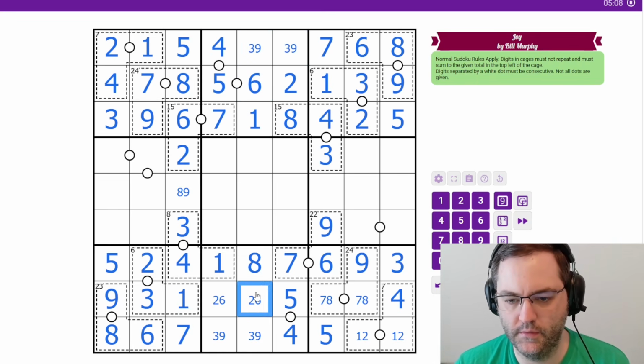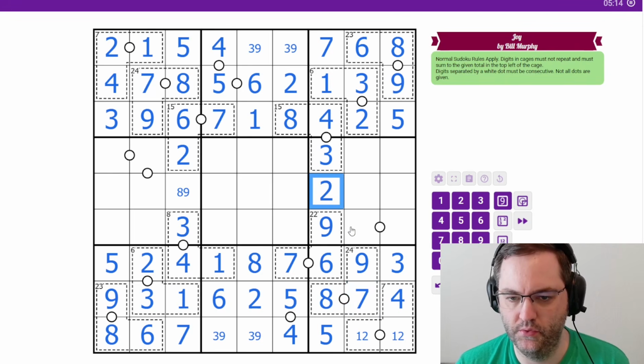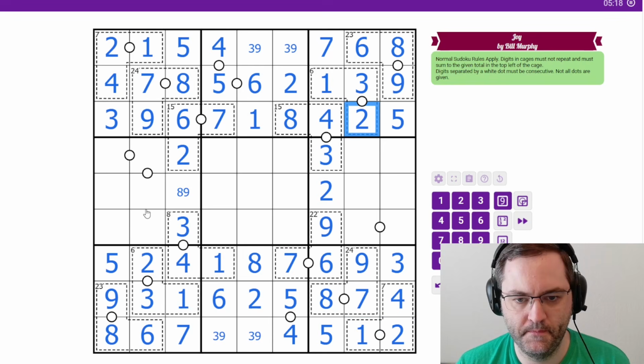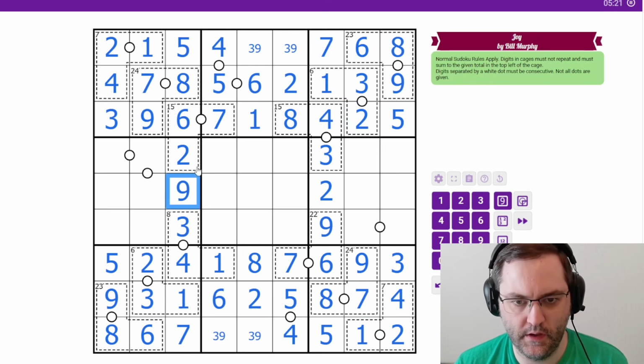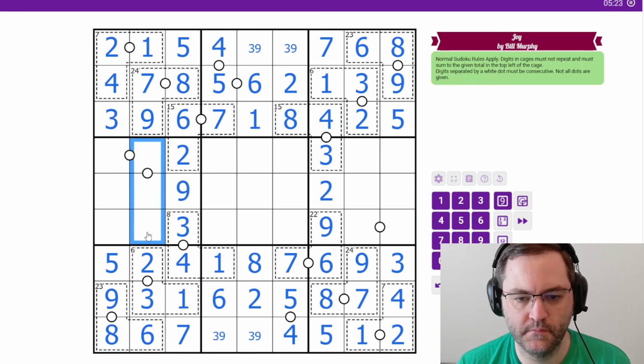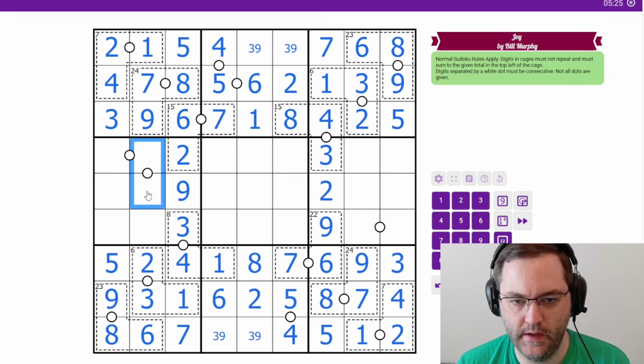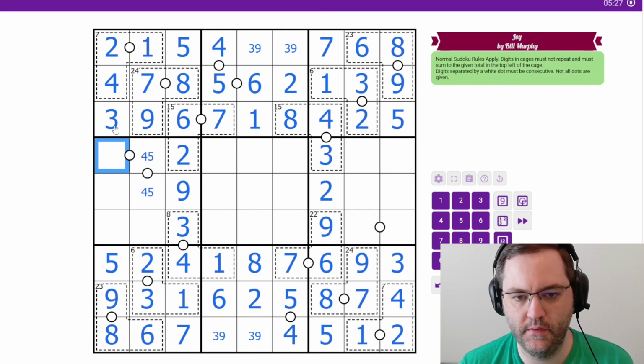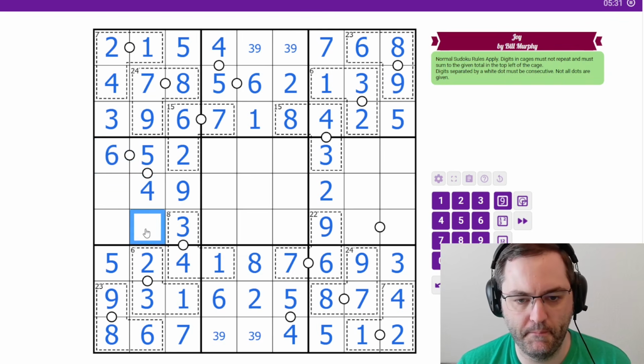The 6 here resolves to 6. This is 8 here, and then 2. And this is 1, 2 because of that 2. And this is 9 because of that 8. Alright, these are 4, 5, and 8, so this must be 4, 5. This can't be 3, so it must be the 6, 5, 4, like that.